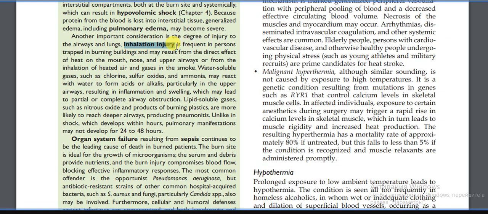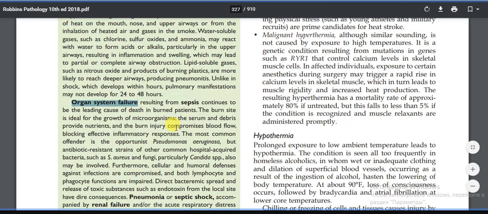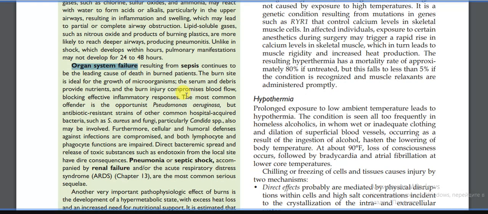It's an acute reaction to foreign substances in the lungs. Okay. And also organ system failure. This usually happens due to sepsis, contamination of bacteria to this area of injured skin.